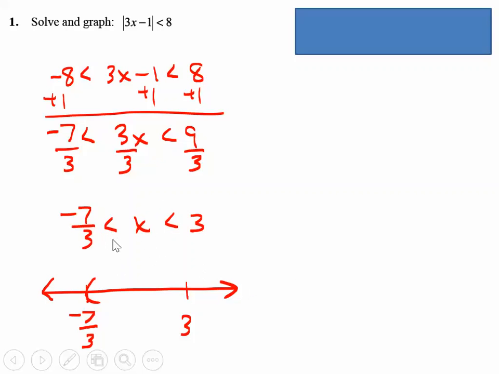And remember how last time when you had only one variable, you'd go the same direction as the inequality? You have to be careful here, because you're saying that negative 7/3 is less than the number that I want, and the number that I want is less than 3. If you're caught between 2 less than symbols, you're saying I want the stuff in the middle. Okay, that's short notation for AND.